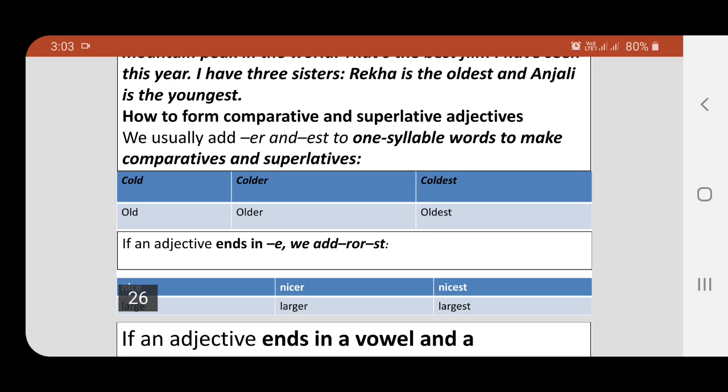Colder is a comparative adjective, coldest is a superlative adjective. So, when we have an adjective that ends in E, we add r or st like that.